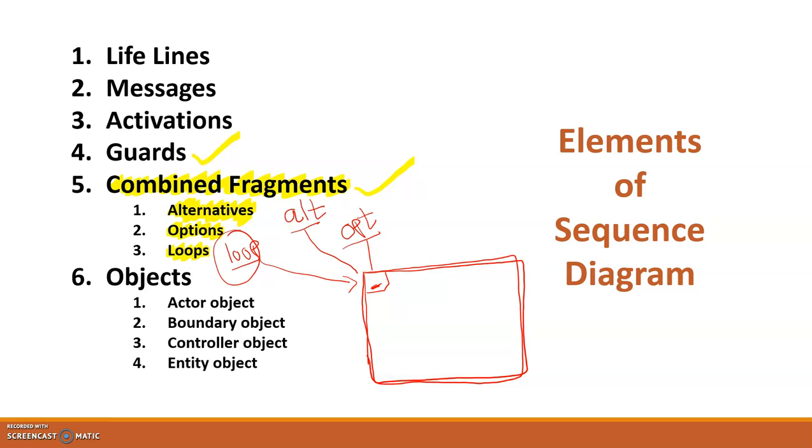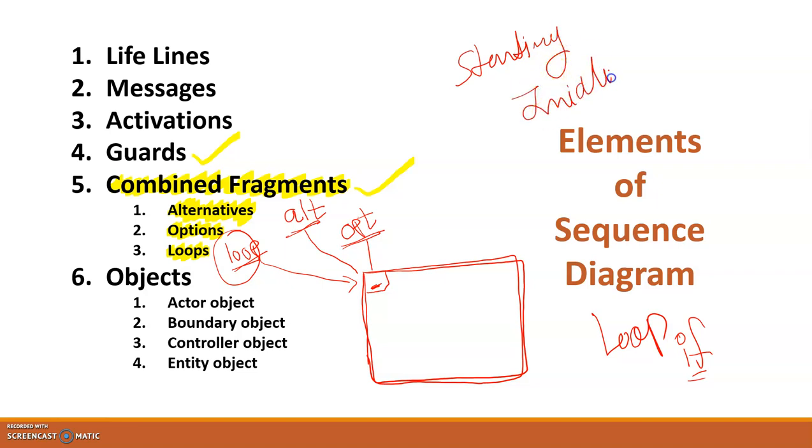Now we know that either it's a loop or the alternatives or the optional, whatever. Either it's a loop or if conditions, whatever it is, we always need two things. First thing, we need a starting point, right? Also, we call it the initialization of the loop that we require, right?